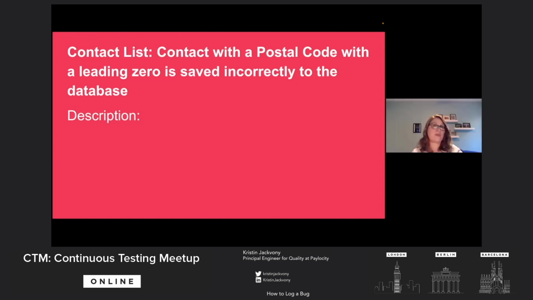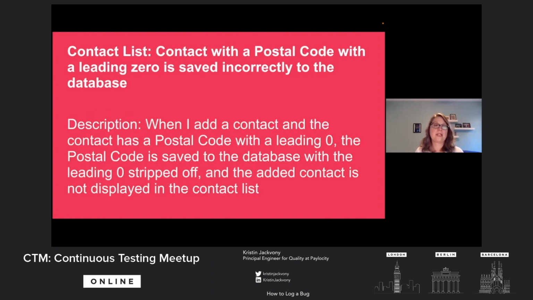So you start out with when I'm trying to add a contact. That is the action that you're trying to do. And the situation is I've got a postal code with a leading 0. Then the thing that happens is that my contact doesn't save correctly to the database. So something like this.